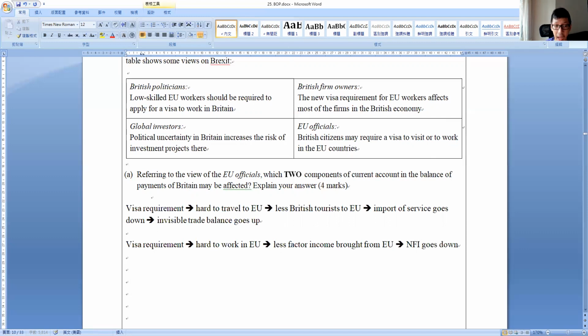NFI goes down. 係咪？咁啊 NFI 會跌咯。少咗英國人 fewer British people going to EU to work and bring money back to Britain, right? 係咪啊？少咗英國人去歐洲做嘢，咁咪少咗錢帶翻嚟英國咯。Okay, so NFI would go down. 係咪 invisible trade goes up. 係咪 NFI goes down. 得唔得？All right.